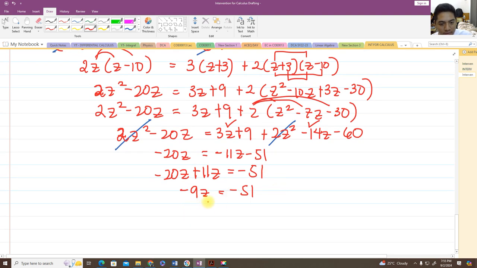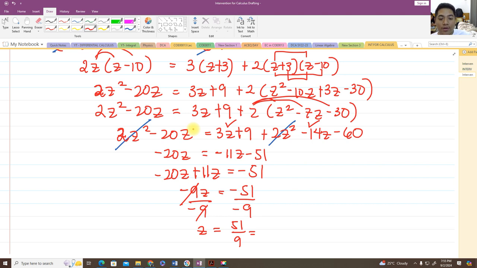Okay, so divide both sides by negative 9. So this would cancel, and we have z. Negative divided by negative would be positive. So is 51 divisible by 9? 9 times 5 is 45, 9 times 6 is 54. No, but they are divisible by 3.